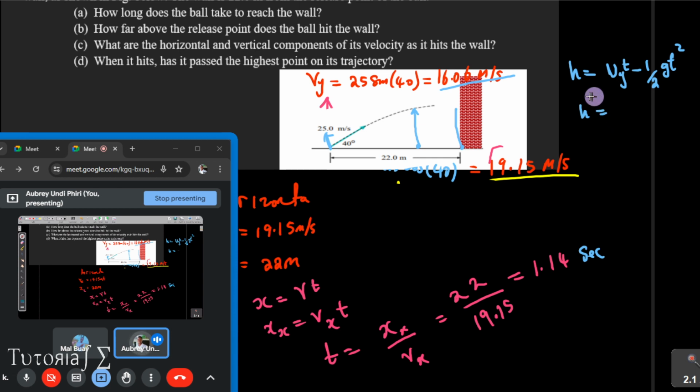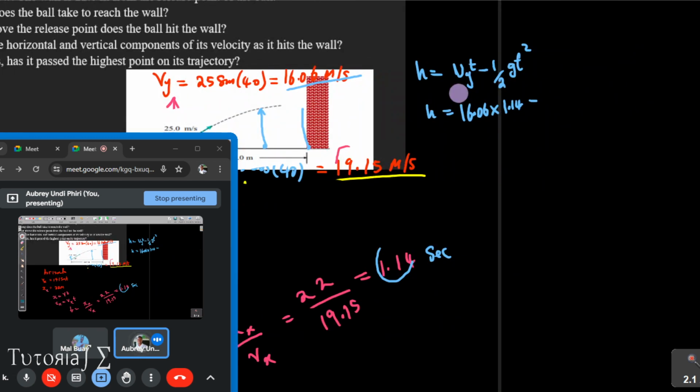So here we have velocity in the y, which is 16.06, times t, the time we have, which is 1.14, minus half. G is 9.8, then the time, 1.14 squared.